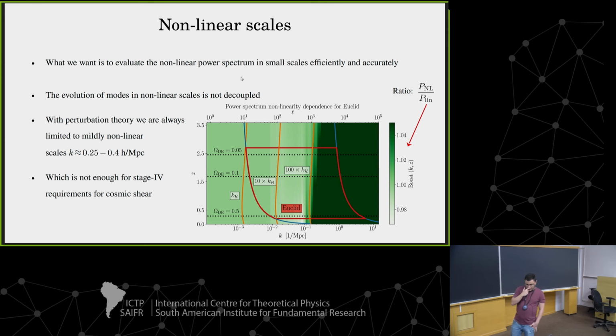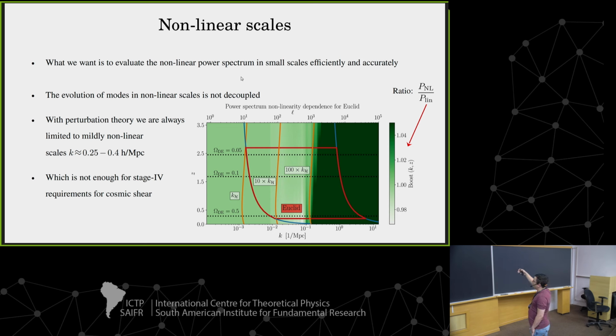The part that I wanted to talk about is nonlinear scales, and more or less when nonlinearities start to be relevant. I love this plot because I made it some time ago for a project. It is basically just a color bar of the ratio between the nonlinear matter power spectrum and the linear one.